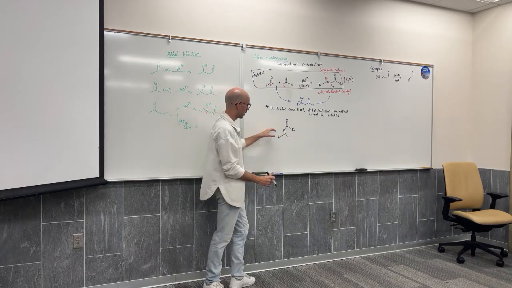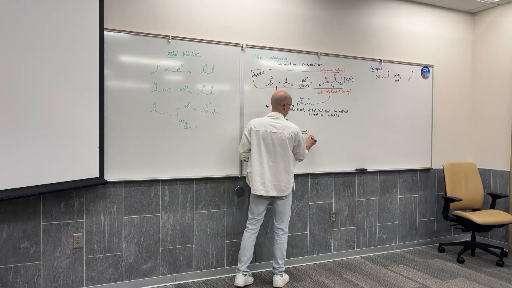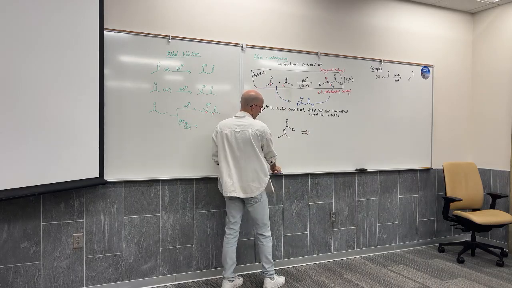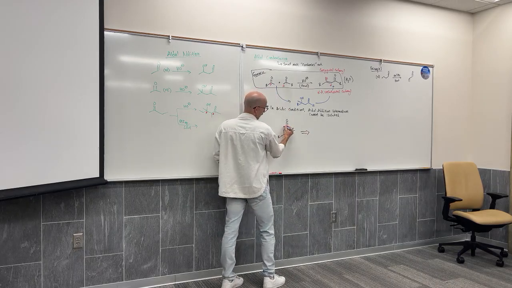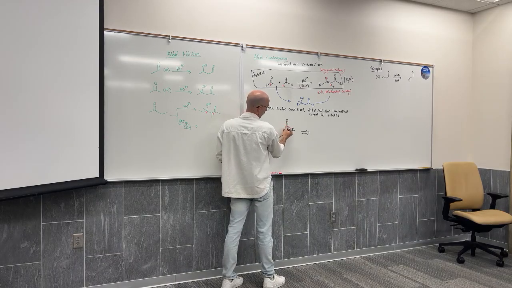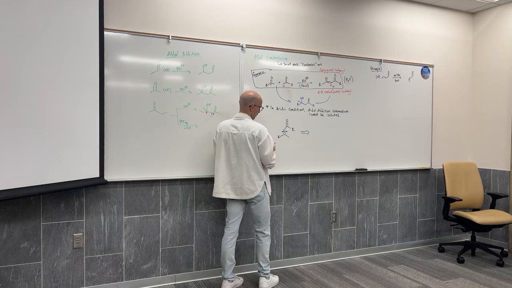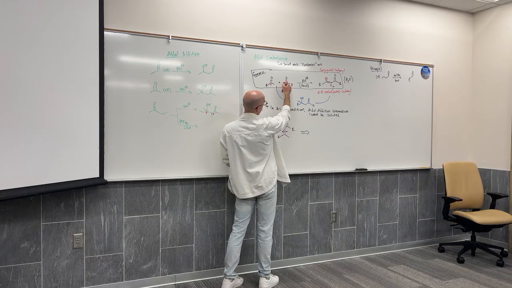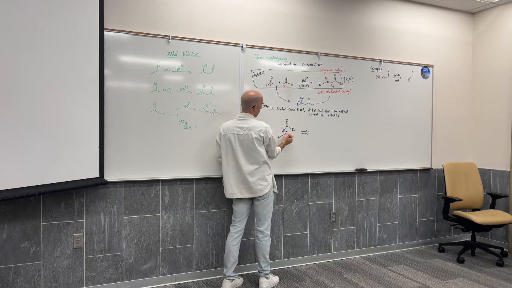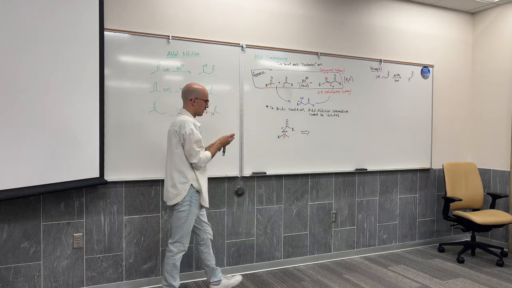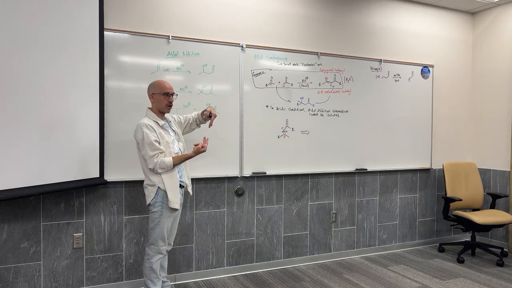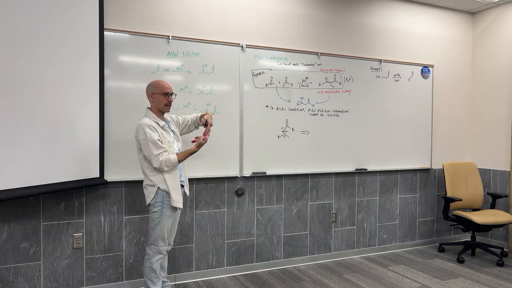Because if you look at this conformation, all you're really doing is connecting the alpha and beta carbons together. Here's alpha, here's beta. You're taking that carbonyl and you're just making it into an alkene.